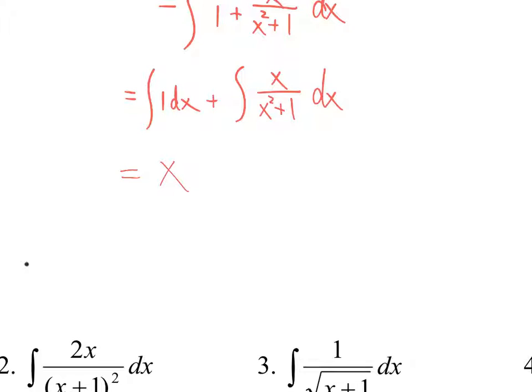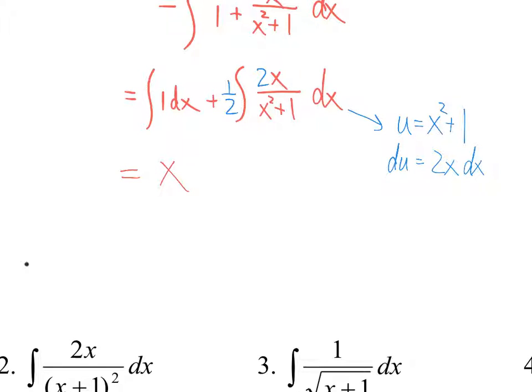But then notice here, for this second part, we could make the u the x squared plus 1. It's in the denominator, it's got a higher power. The du is going to be a 2x dx. So I incorporate a 2 here, which means I have to put a half out there.